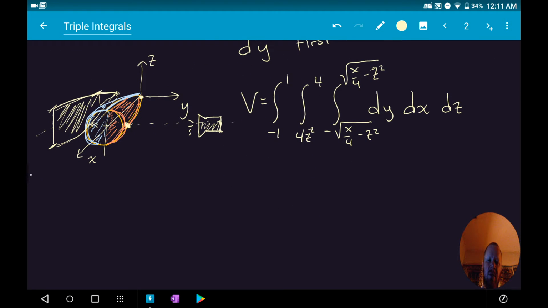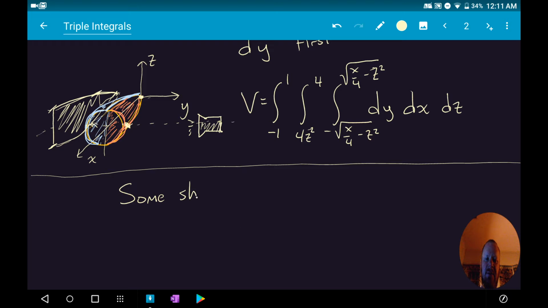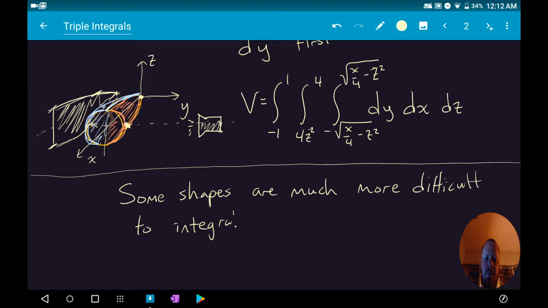So those are the 3 ways to look at this shape. And it was doable in all 3 orders. In fact, any of the 6 ways that we can combine dx, dy, and dz worked. But I'll say this, some shapes are much more difficult to integrate in certain orders.